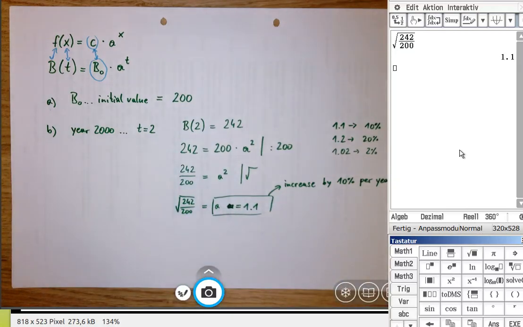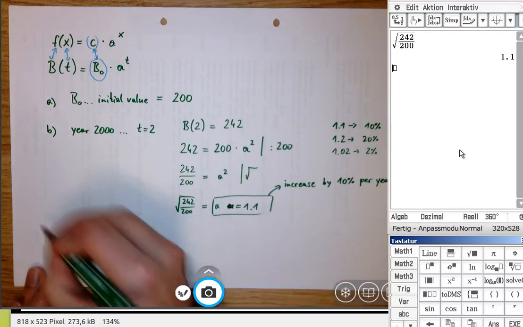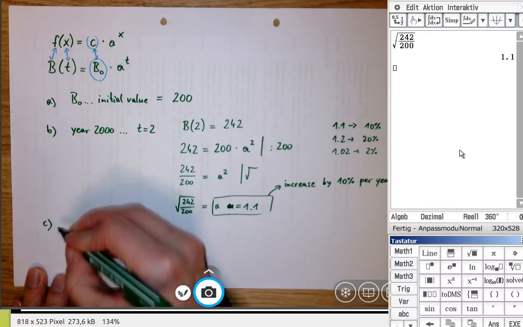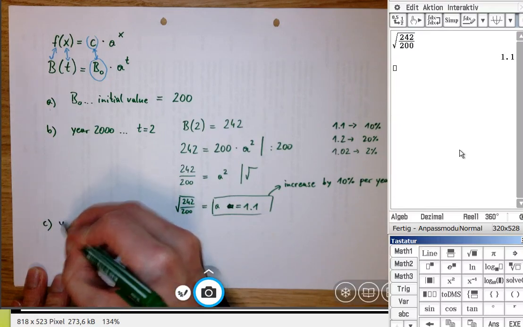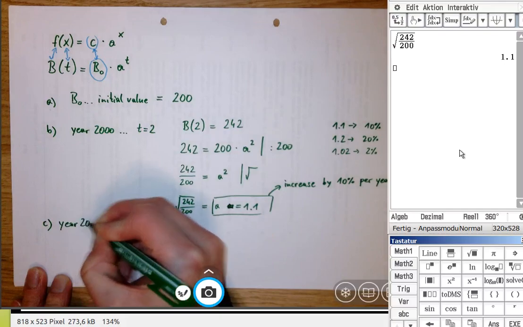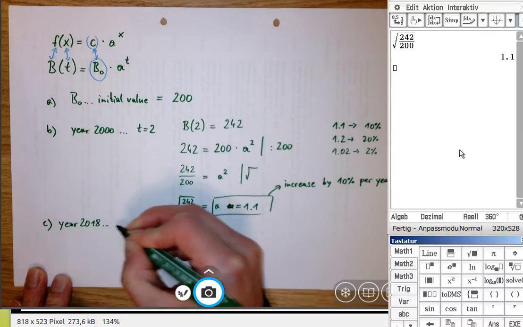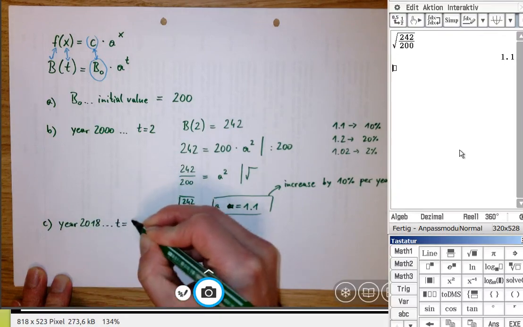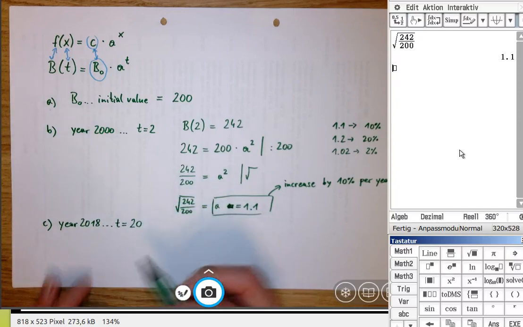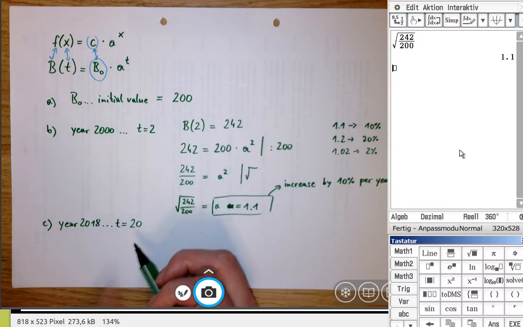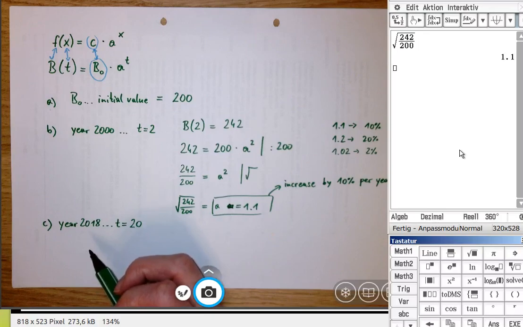Okay. Next one, we should find the expected bear population in 2018. So we want to find the year 2018. This corresponds to t equals 20, because the initial point was in the year 1998.